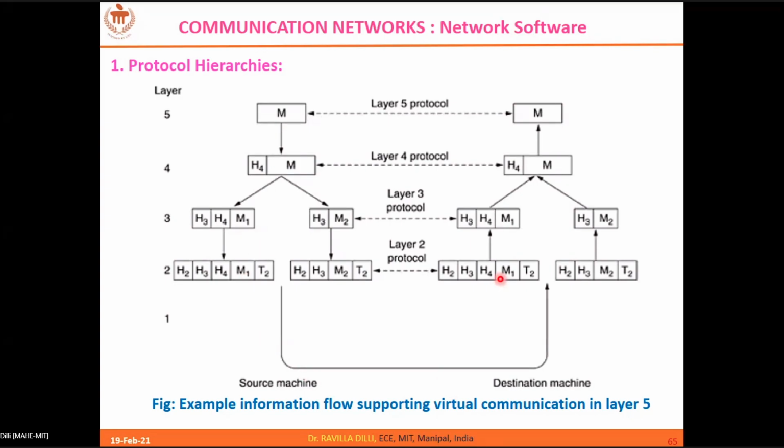And at the receiving end, the reverse procedure happens. So for example, if we have performed here a particular modulation, then the corresponding demodulation you should do at the receiving end. And you have to remove the corresponding headers. Okay, so at layer 2, you have to remove H2 and T2.